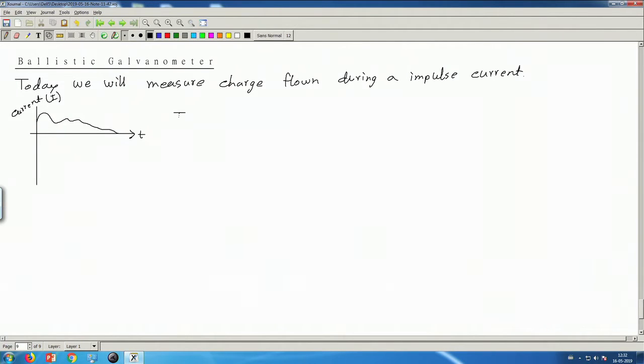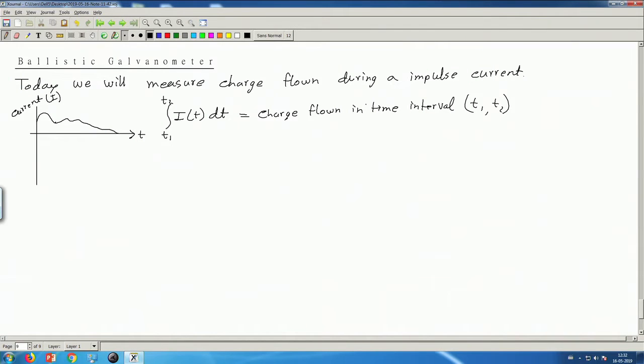Then the integration of i(t) dt between 2 points t1 and t2 is nothing but the charge that flowed from one point of the circuit to the other in the time interval t1, t2.